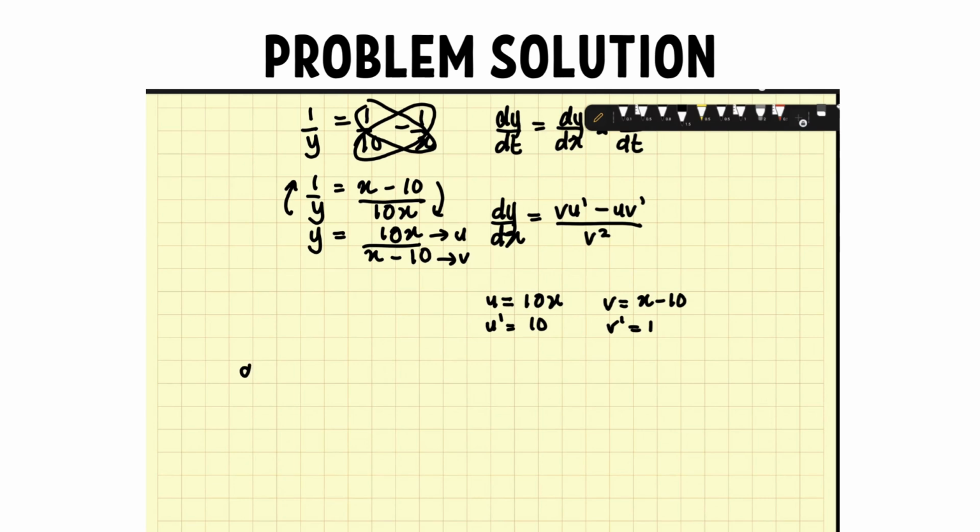So for the dy/dx, we just have to substitute all the information we already made. So dy/dx = vu', which is 10 times (x - 10), minus uv'. uv' is 10x times 1. So divided by v squared, so (x - 10)².